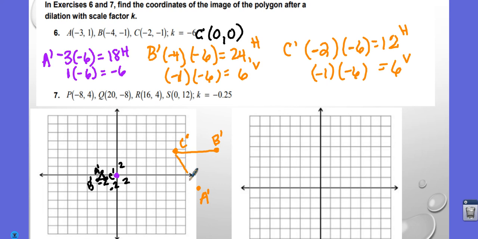Okay, there's some important information you need to know about similar figures, and that information is the ratio of the corresponding sides are proportional.